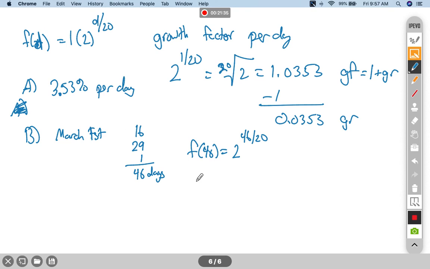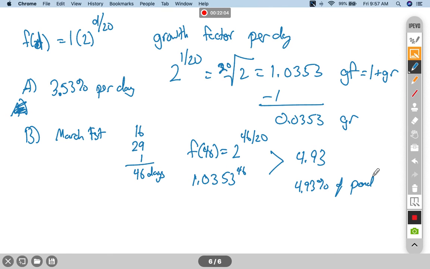Or I could come along and say, oh, I have my growth factor of 1.0353 and take that to the 46 days. Either way, I'm going to get the same answer. I'm going to get 4.93. So 4.93% of the pond is covered.